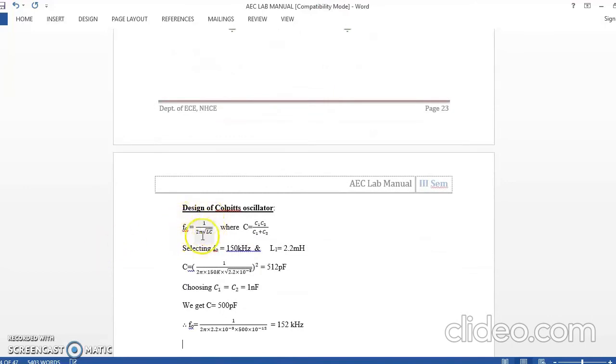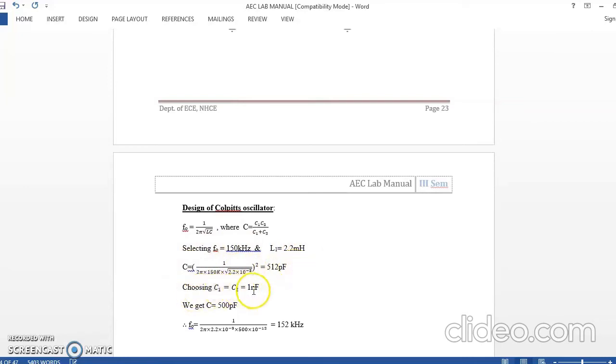F0 is equal to 1 upon 2 pi under root LC, where C is equal to C1 C2 upon C1 plus C2. Selecting F0 equal to 150 kHz and L is equal to 2.2 millihenries. C is equal to 551.2 picofarads.